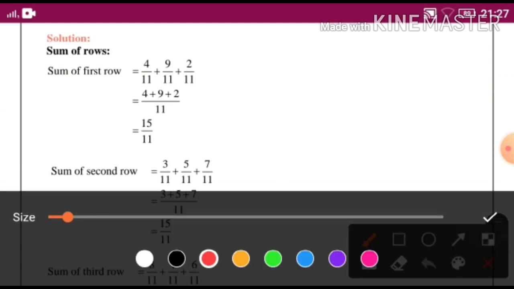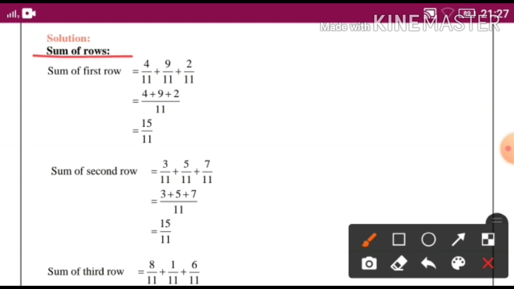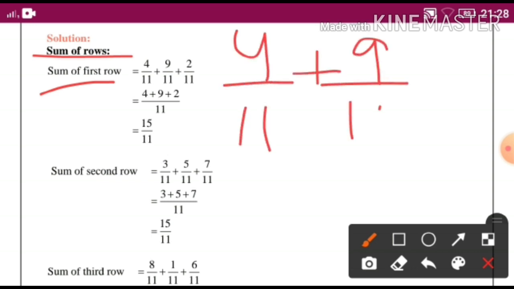First, we have to find the sum of rows. The first row sum is 4 by 11 plus 9 by 11 plus 2 by 11.